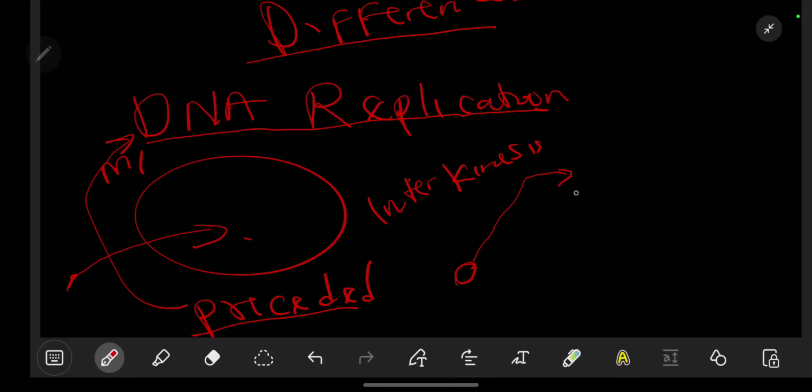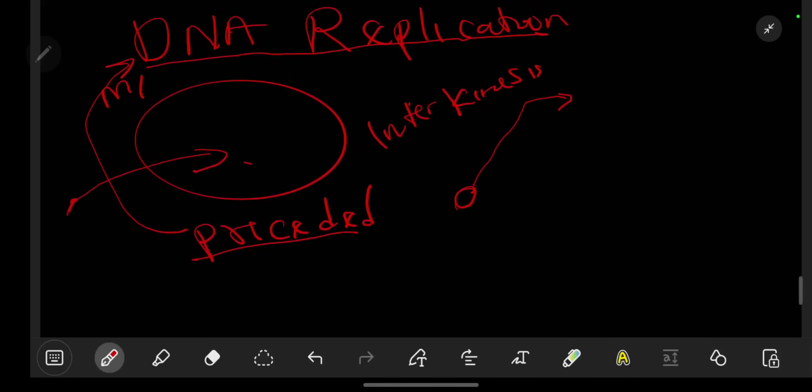But for meiosis 2, there is no preceding DNA replication. So precede simply means that before the process occurs, there should be DNA replication.